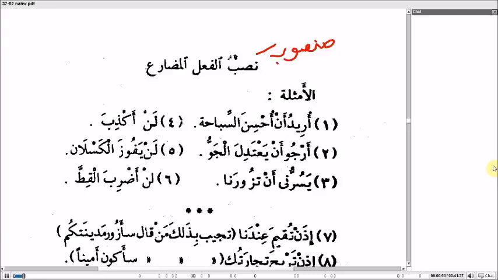Right? Nasb. So the first example is Uridu an uhsina as-sibaha. Uridu, I want to, an uhsina as-sibaha. I want to improve, basically, or master, maybe, depends on how the person means it, but it could mean both of them.